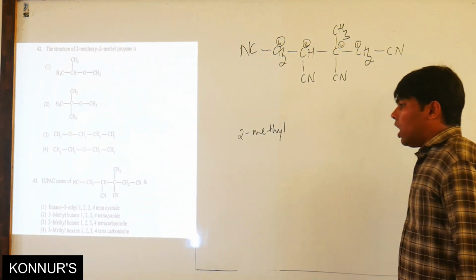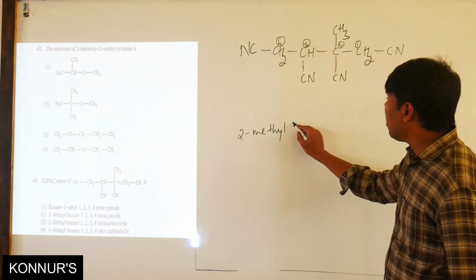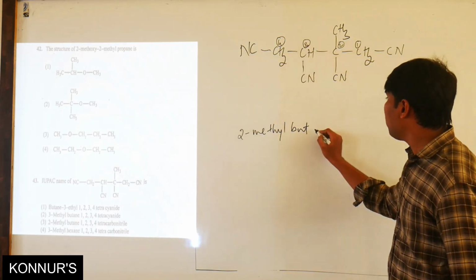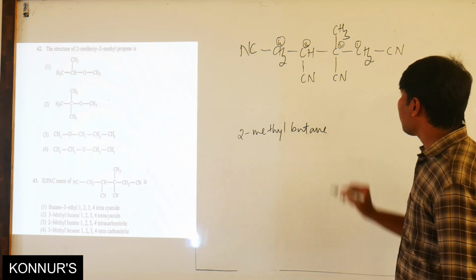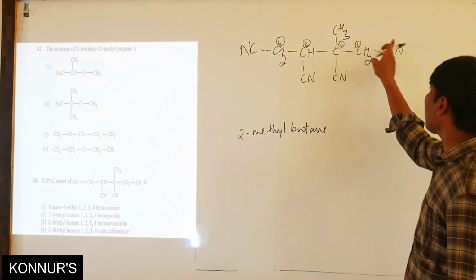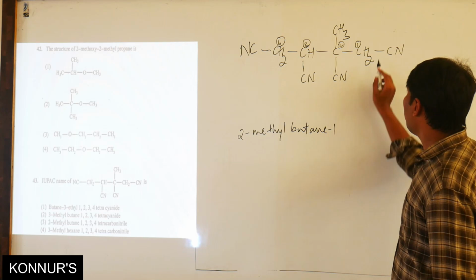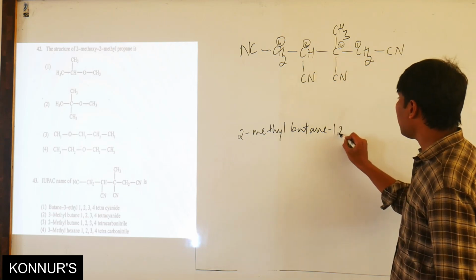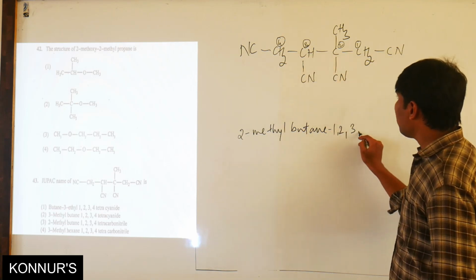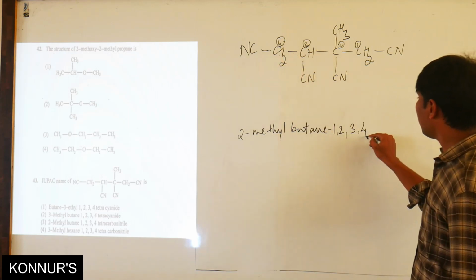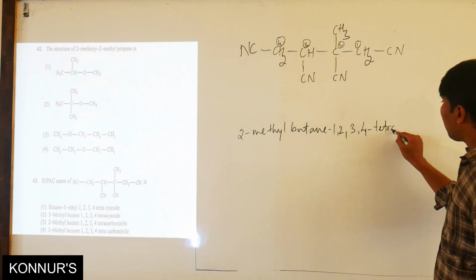Okay? 2-methyl. Since the root word is but, carbon to carbon single bond, A and E, and on the first carbon also cyanide, second carbon also cyanide, third carbon is also cyanide, and fourth carbon is also cyanide. Tetracarbonitrile.